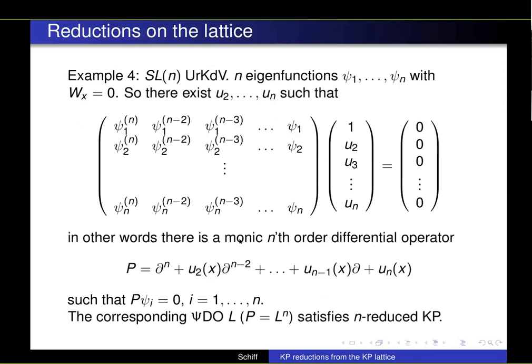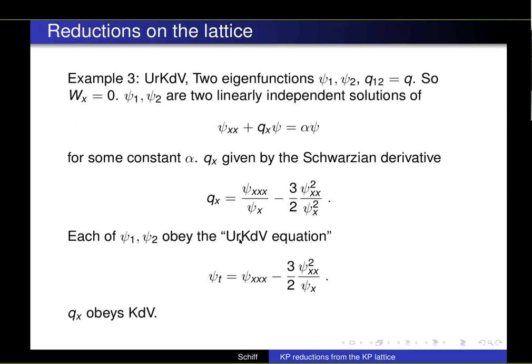Ur is a prefix in German meaning the fundamental KdV equation, which is this equation here, psi t equals this. And if you take psi that satisfies this and compute the Schwarzian derivative, you can check that the Schwarzian derivative obeys the KdV equation.